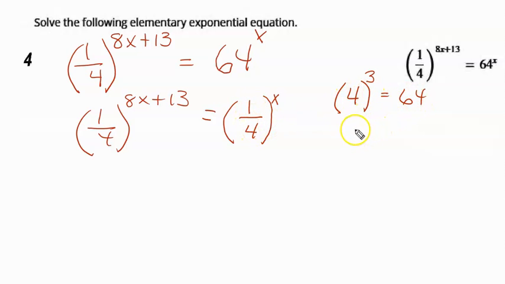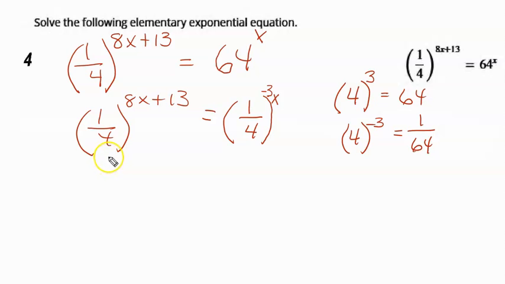So if I had this as a 4 to the -3, that would become 1/64. So what do I need to put by my x here to get this to be 1/4? But I'd have to put a -3 there.